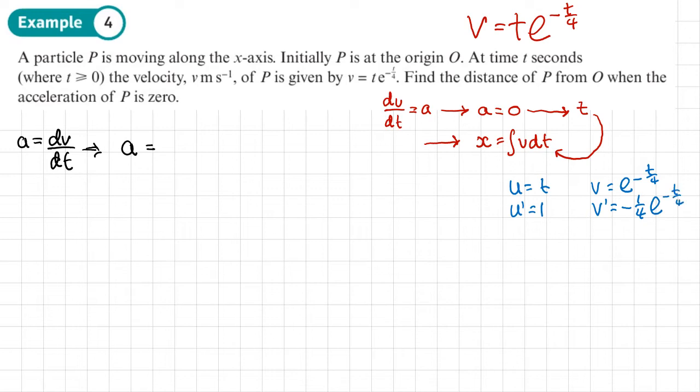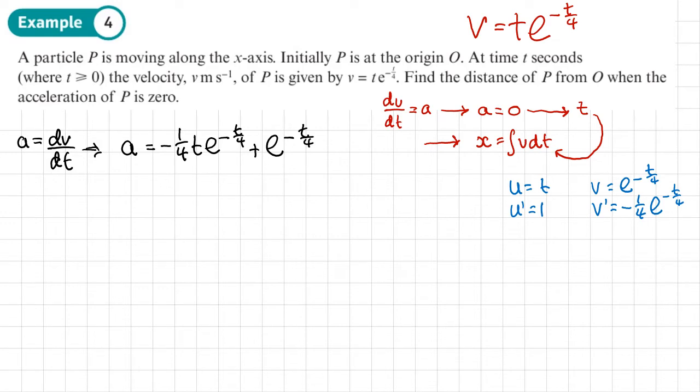So my acceleration is going to be uv', so -1/4 t times e^(-t/4), plus vu', so that's just going to be e^(-t/4).